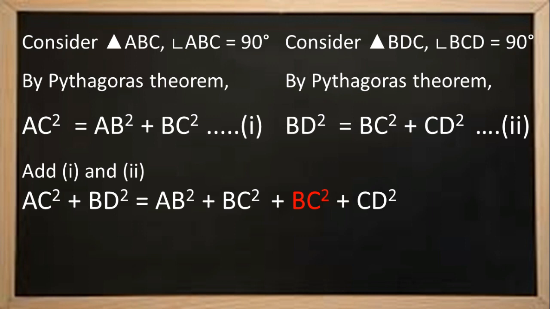The result will be 2BC square, which is not required for us. So concentrate on what is there on the right hand side. Right hand side I have AB square. Here also AB square is already there. Then plus BC square. Here I have got plus BC square. The third element is CD square, and the fourth element is DA square.